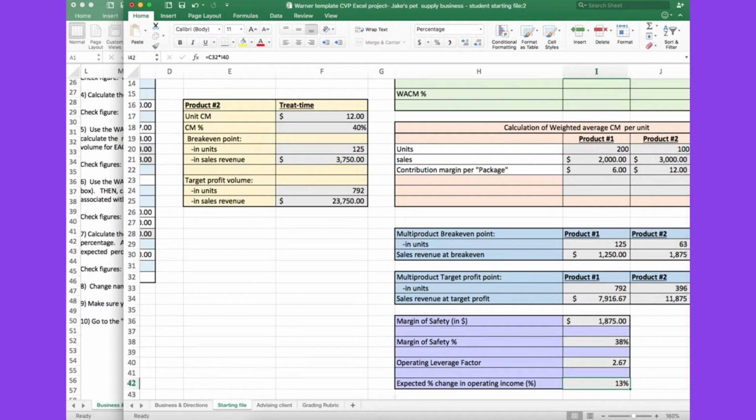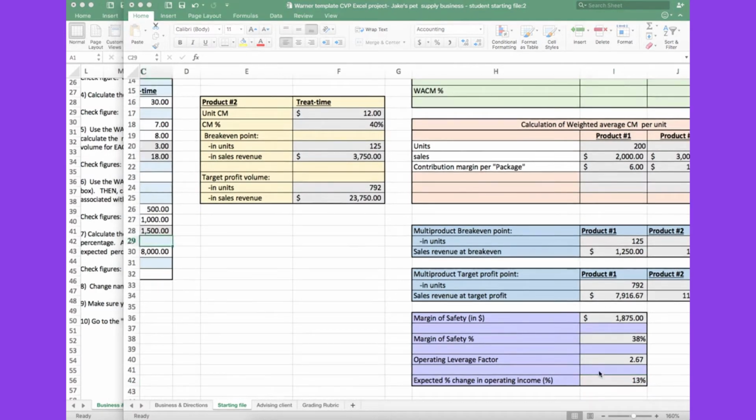Now, what does this mean conceptually? In words, the degree of operating leverage is a measure, at a given level of sales, of how a percentage change in sales volume will affect profits. It's at a particular level of sales, and it's going to change at different levels of sales, but it tells you how much your profits are going to increase for a given percent increase in sales volume.